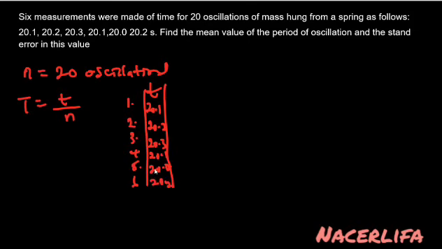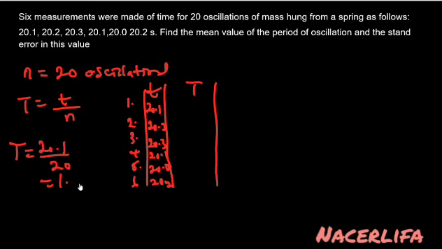So how do we find the period for this one? The period will be T equals, after 20 oscillations, the time taken is this. After another 20 oscillations, the time is recorded as this, and so on, up to 6 measurements. So we have 20.1 upon 20. Once we do this division, we have approximately 1.01.